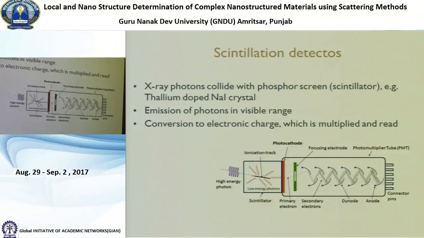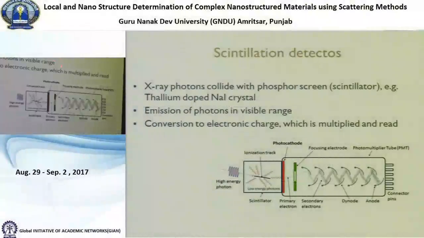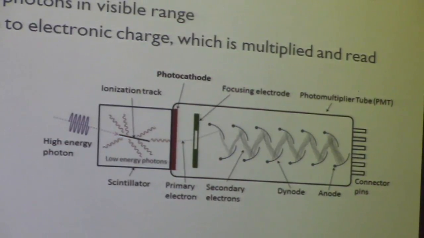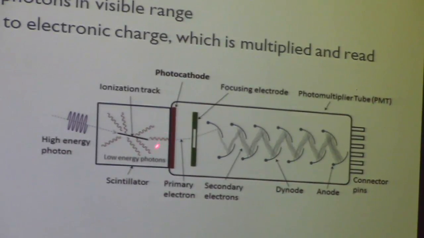But we don't really want light coming out the front of the detector. So we have a photocathode on the back, which is sensitive to visible light. The light from the scintillator goes through to the photocathode, using the photoelectric effect.